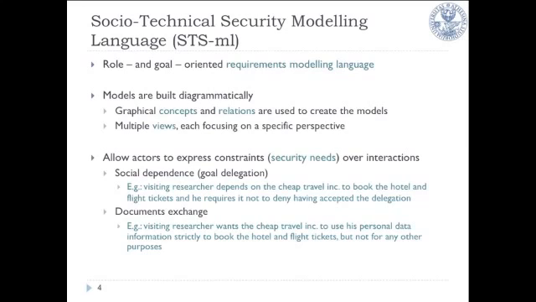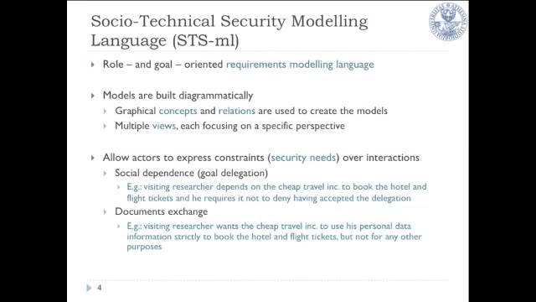That would be a non-repudiation security need. He might also require the travel agency to achieve all these objectives on its own, say because it doesn't trust any other parties that could be involved in the system. These are the types of security constraints that one could express when entering an interaction with another party.